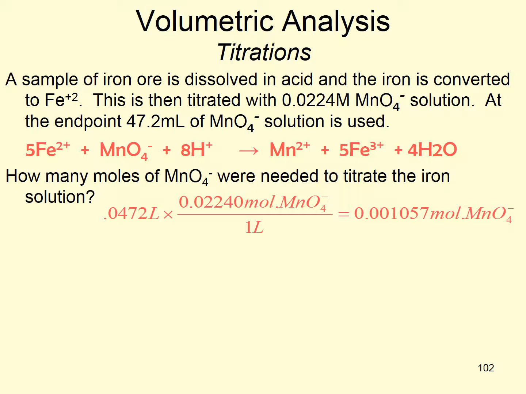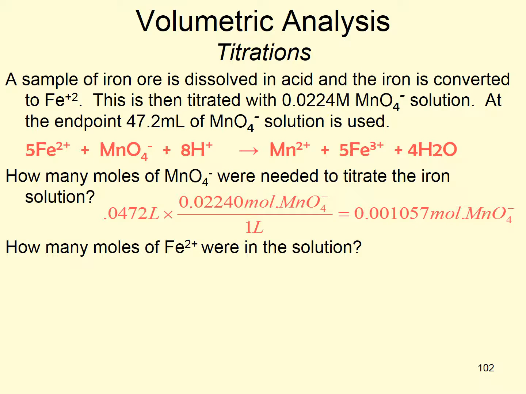All right, so how many moles of iron actually were titrated by this amount of MnO4? Well, we have to multiply by 5, because 1 MnO4 negative titrated 5 Fe2+. So there were 5 times as many Fe2+, so 0.005286 moles of Fe2+.